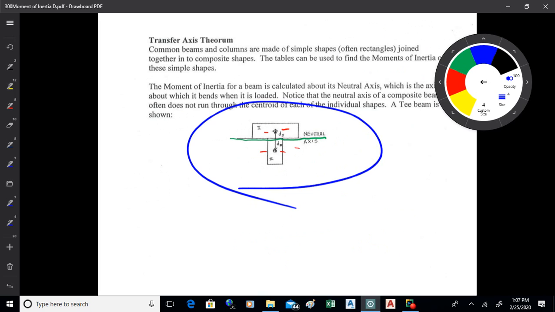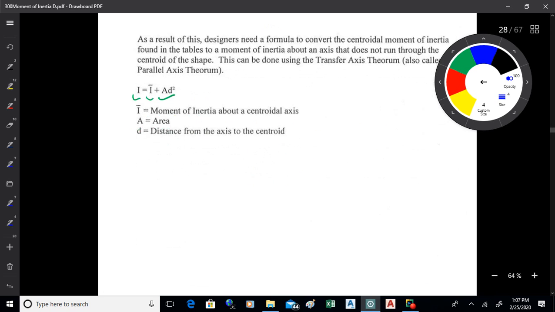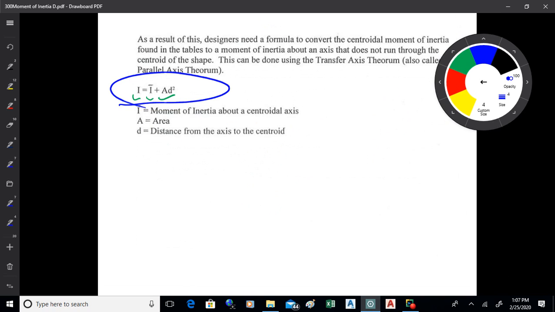So for each of those shapes, you have to add in a transfer axis term, which is A, the area of the shape, times d, the offset distance squared. So that's the basic way you find the moment of inertia about an axis not equal to its centroid. It's I bar, the centroidal moment of inertia, plus A d squared.